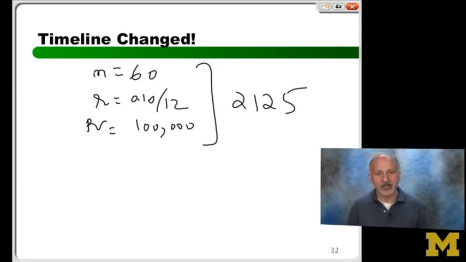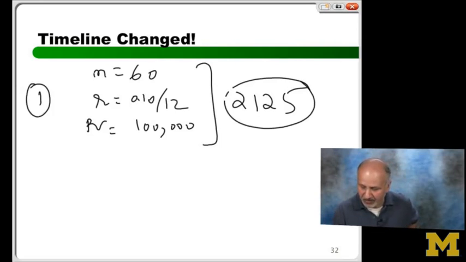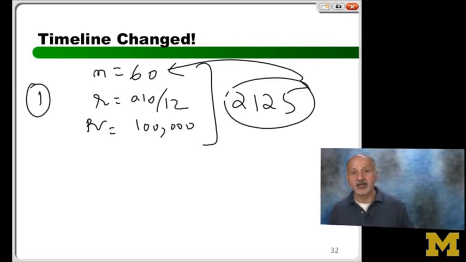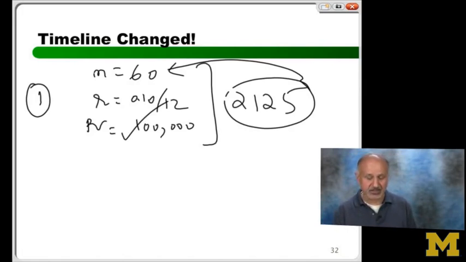Yes, it is. So the question now is, this is question number 1. How many of these will I pay? Obviously, 60. I will encourage you to do one exercise. What is the present value of paying 2125 at that interest rate 60 times? Answer has to be the amount of the loan, right? Let me ask you, how much will you owe after 30 months?